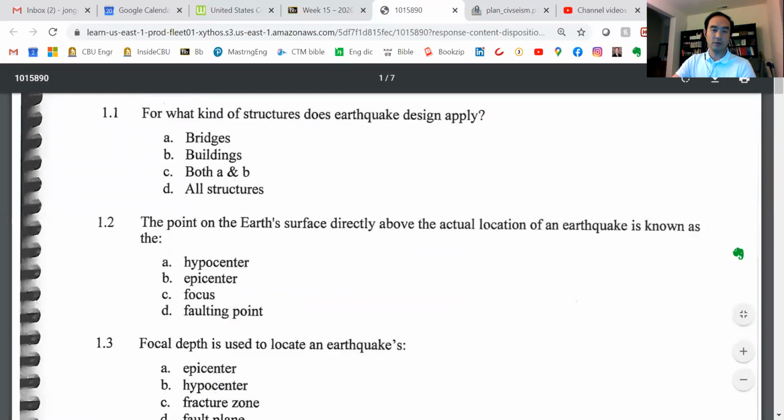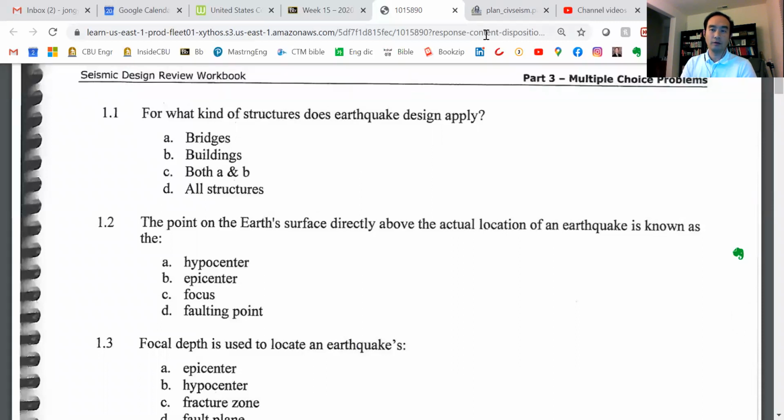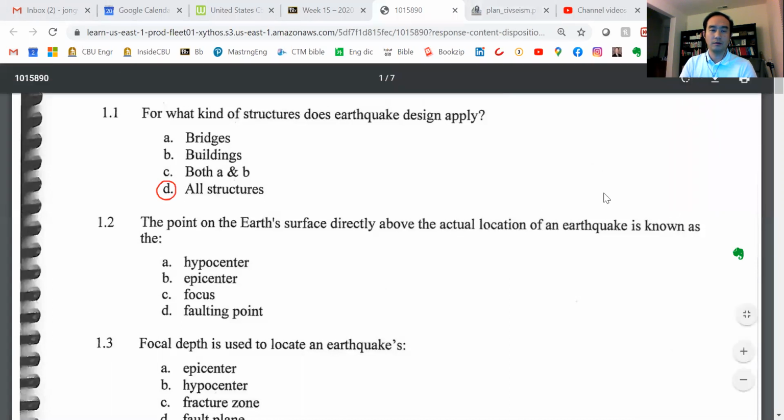So the answer is going to be D. Okay, I'm going to use the annotation. All right, so the answer is going to be D.